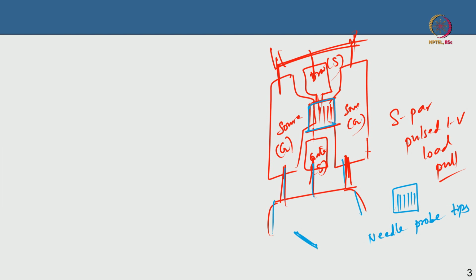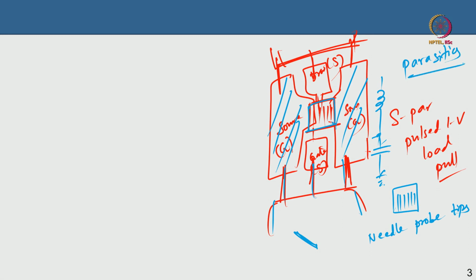Now the problem is these giant pads introduce a lot of series inductance, and because there is a ground plane, they will also couple in shunt capacitively to the ground. Okay. So this introduces a significant amount of parasitics. This becomes worse with higher frequency, of course. Because of this parasitics, the measurement that you do will include the effect of the device, but also the effect of this pad parasitics.